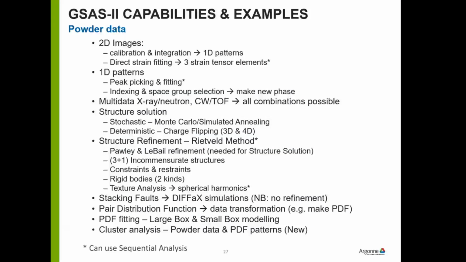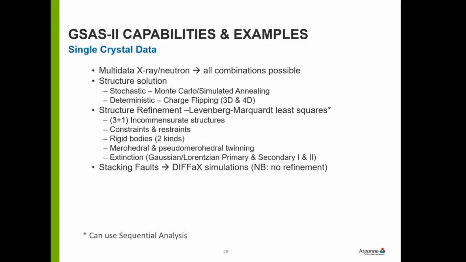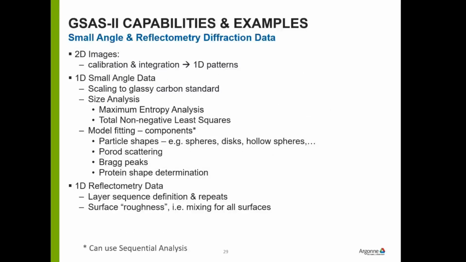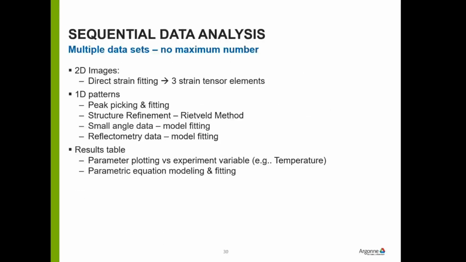So the rest of this is simply a long table of the kind of things that GSAS-II would do, and I'm not going to read it. You can look at it and say, oh, that's cool, or why, or whatever else you want to say to it. Except for here, if you have multiple data sets and there's no maximum number, if you have a lot of images, you can do strain fitting and pull out 3 strain tensor elements for each image.